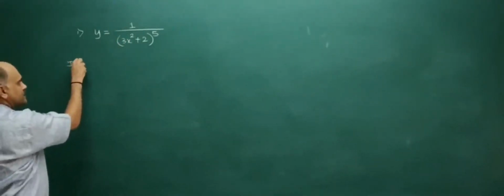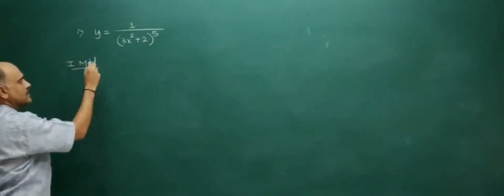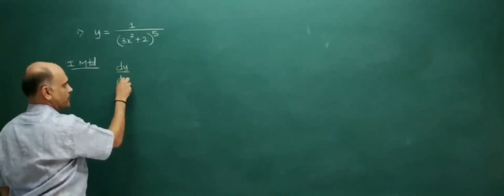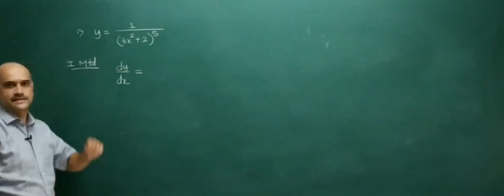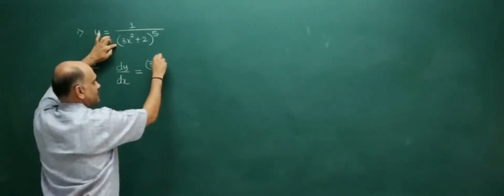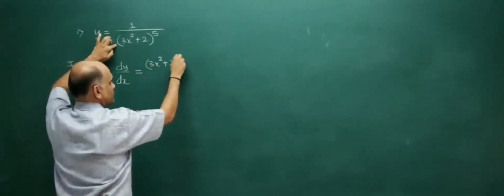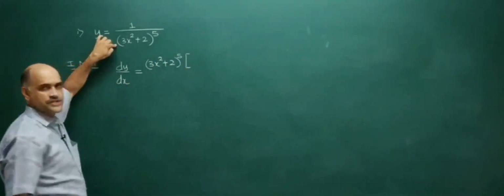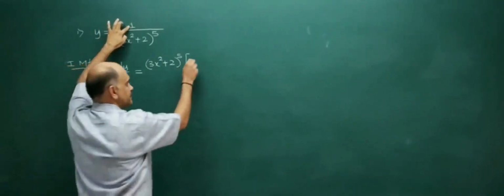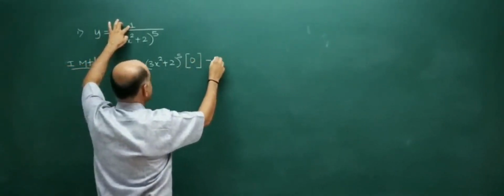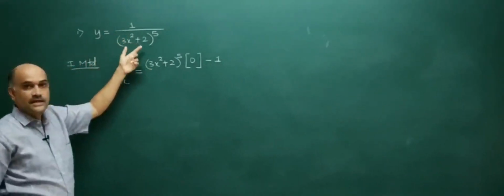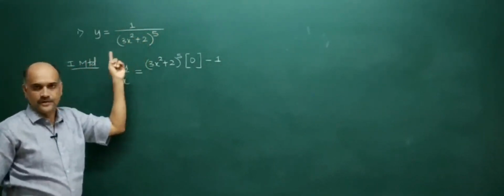With the first method, you apply u by v: dy by dx is equal to denominator 3x square plus 2 bracket raised to 5, into differentiation of numerator, differentiation of 1 is 0, minus numerator, which is 1, into differentiation of denominator.